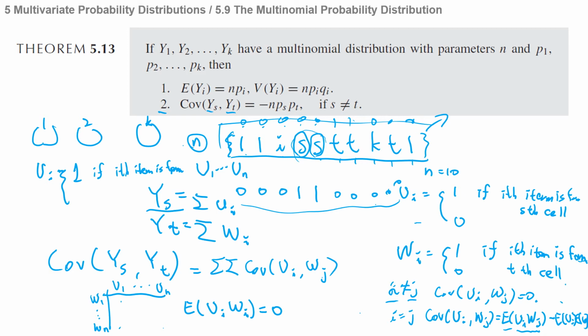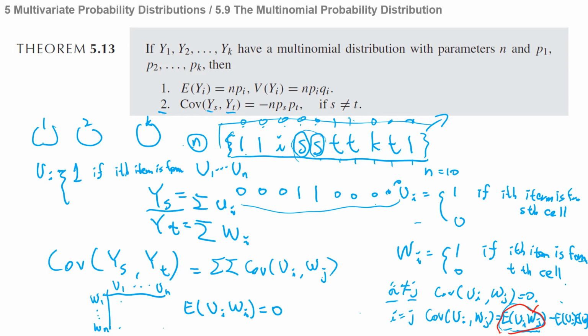So for Ui and Wi, if one of them is 1, the other should be 0. So the expected value of Ui Wi should be 0. So this part is 0. Okay, let's change the color.